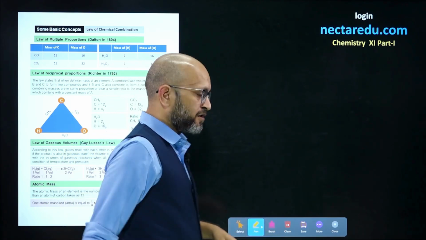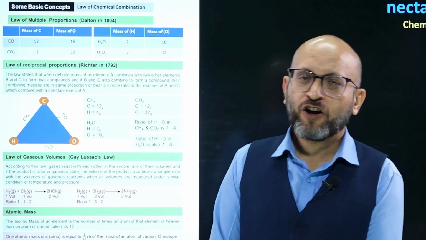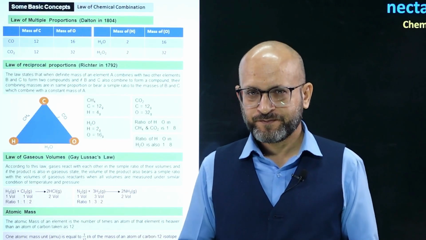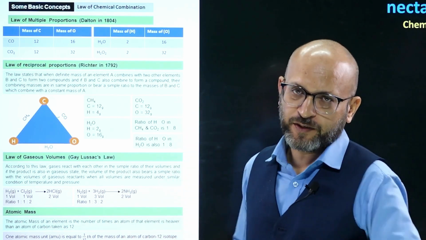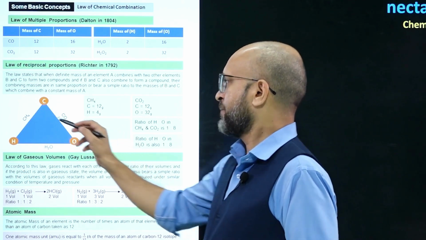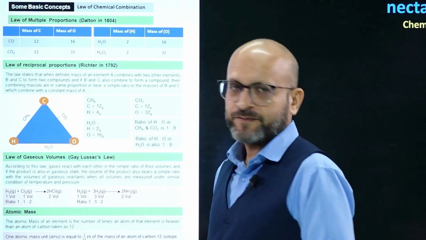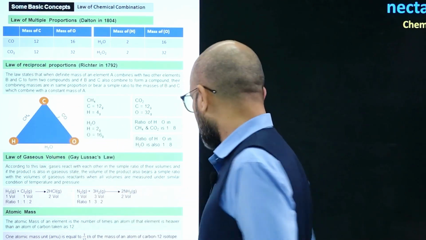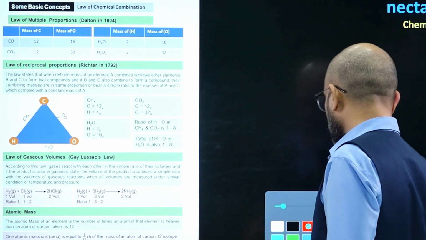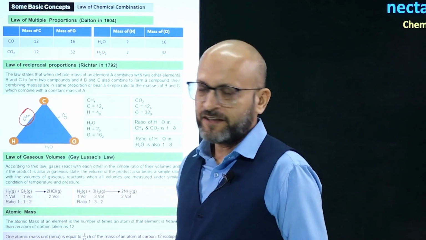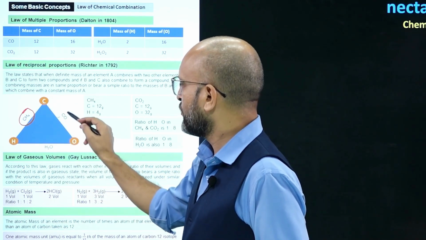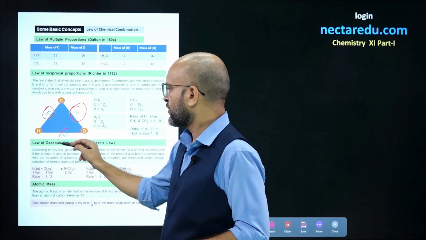Now, the next law we are going to discuss is the law of reciprocal proportion. As the name says, so is the explanation. Let us say we have carbon, hydrogen, oxygen. Consider one example: we form a compound with carbon and hydrogen, methane. We take another compound CO2 over here and water over here.